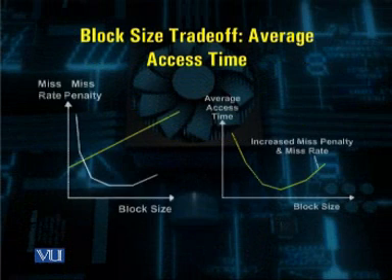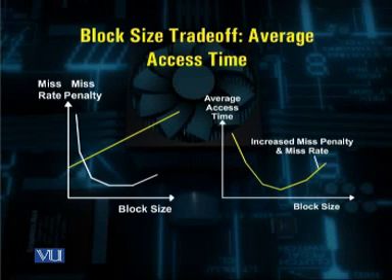While combining these two curves, let us note that in the merger of the curves for miss rate and miss penalty, the average access time will go down initially because the miss rate is dropping much faster than the increase in the miss penalty.